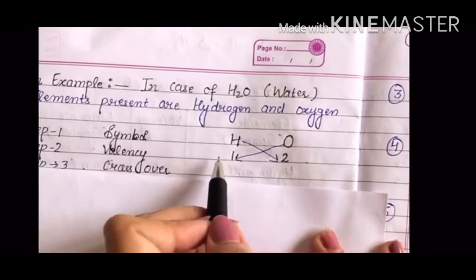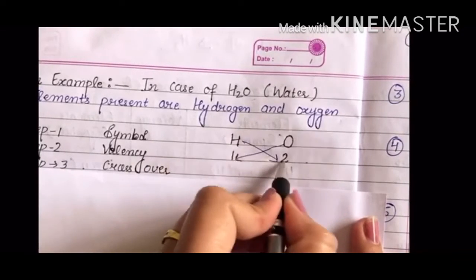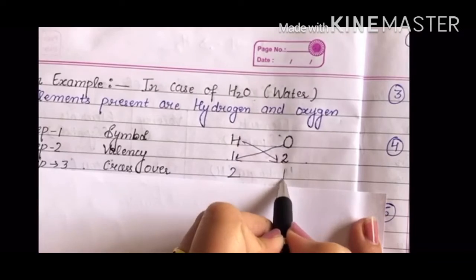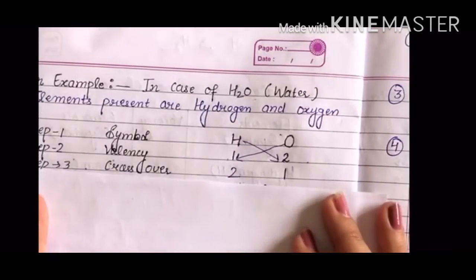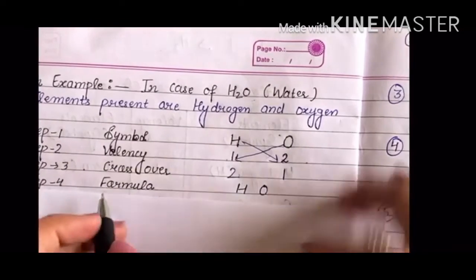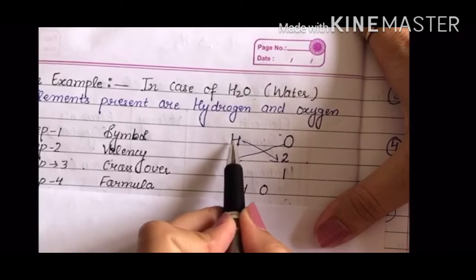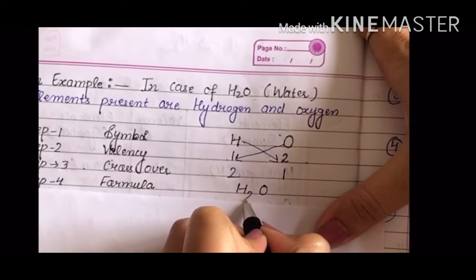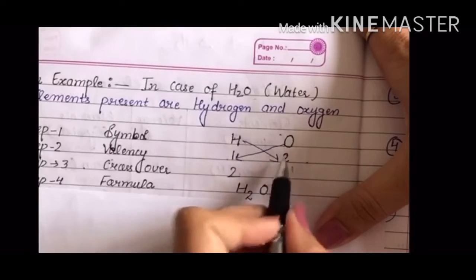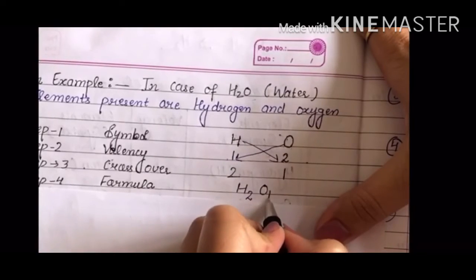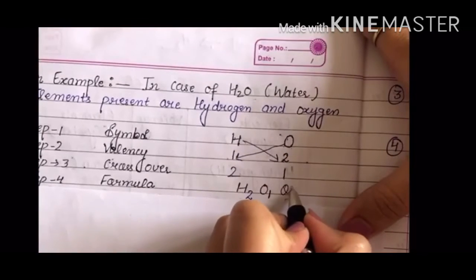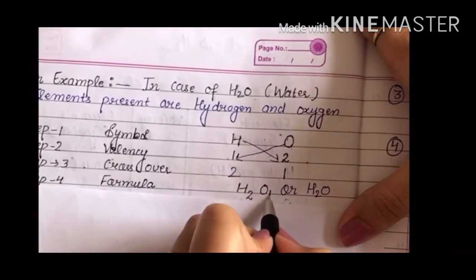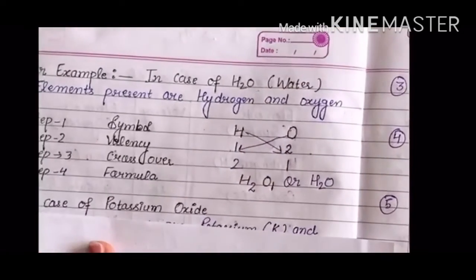So you have to write 2 under H and 1 under O. Got it? Then the next step is formula. How many H are present here? H2. So you have to write it at the foot of H, and O1 like this. You can also write it like this, you have to skip the 1. Okay.